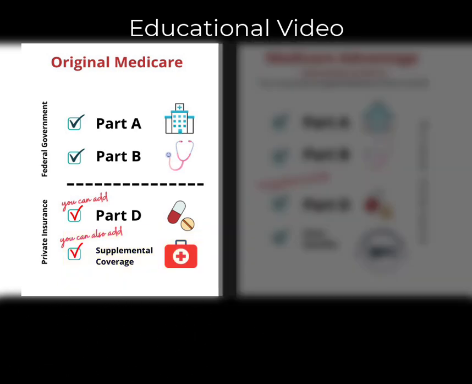Now, you have your Part A, Part B, and D, or prescription drugs covered, and you also have your Medicare supplement or Medigap. You still need to keep in mind that there are services that are not covered by original Medicare. Examples are your dental or your routine foot care. These are just some of those examples.